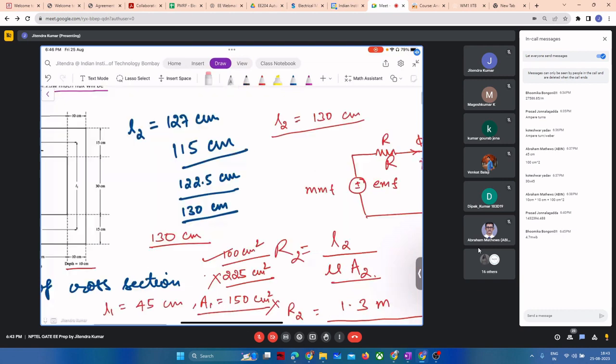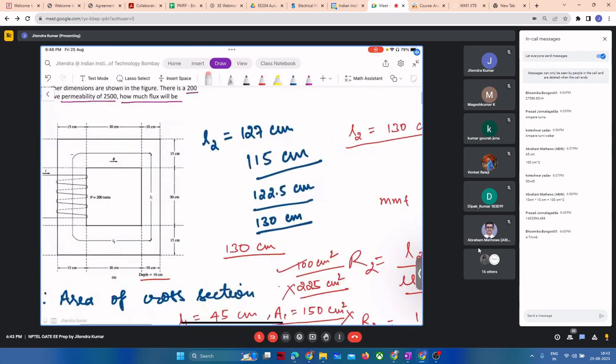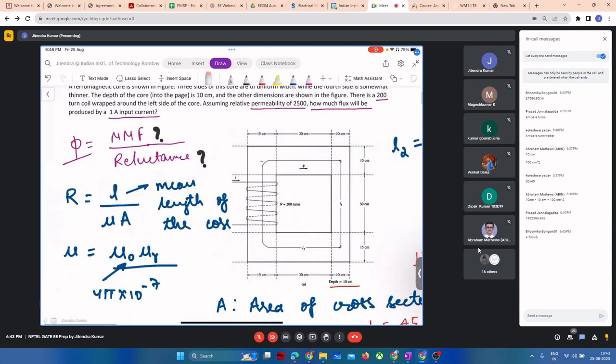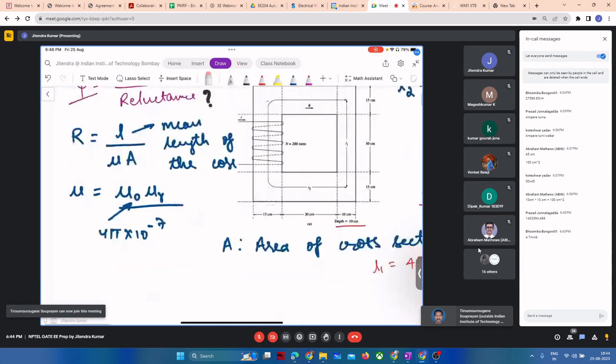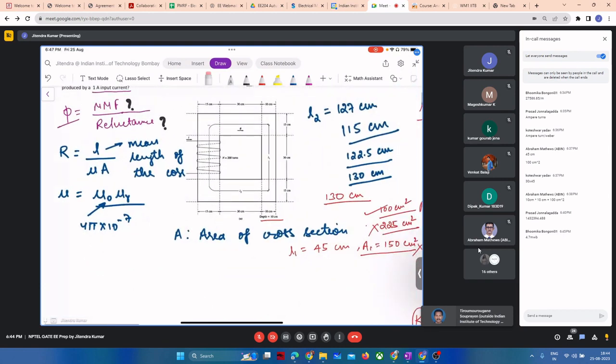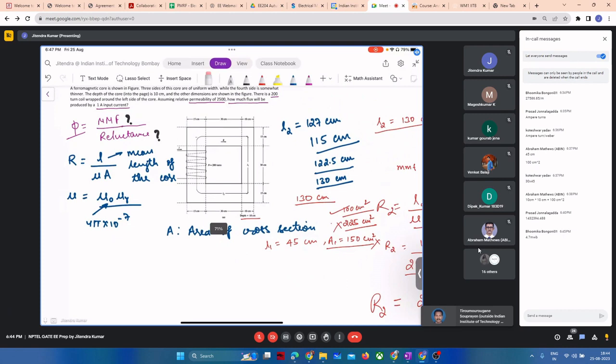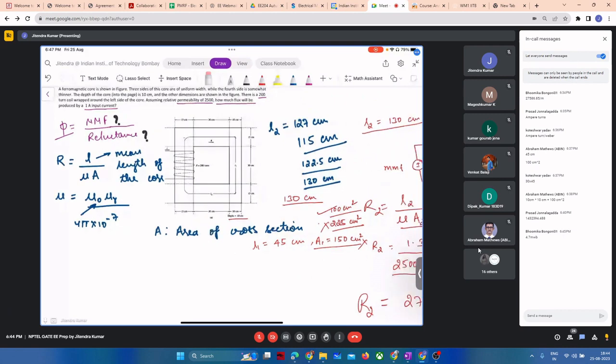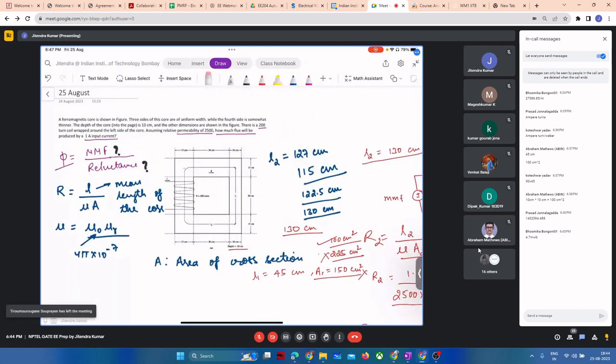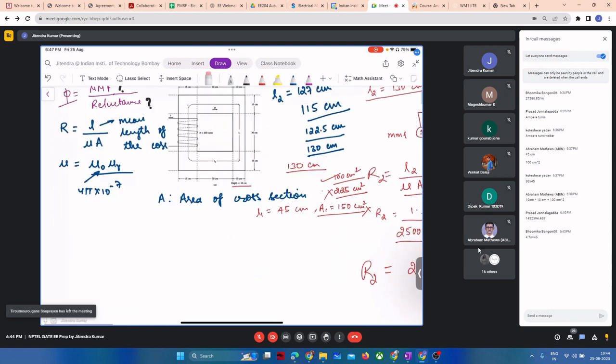Yes, Bhumika, it is not 4.7, it is 4.8 milliweber. Also, for the calculation of the area, judge the cross-sectional area very carefully. Now I guess I can move ahead to another problem if there is no doubt in this problem.